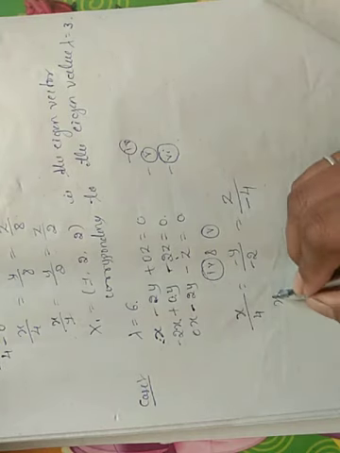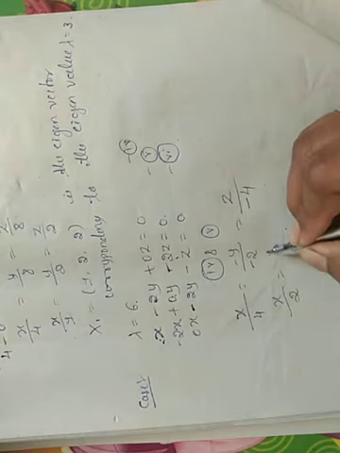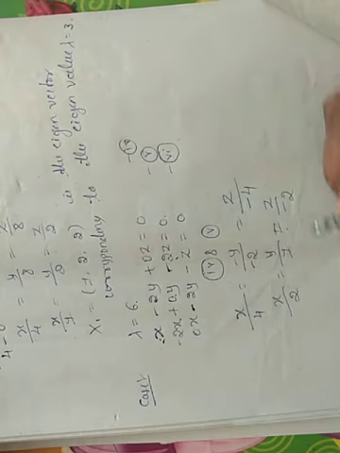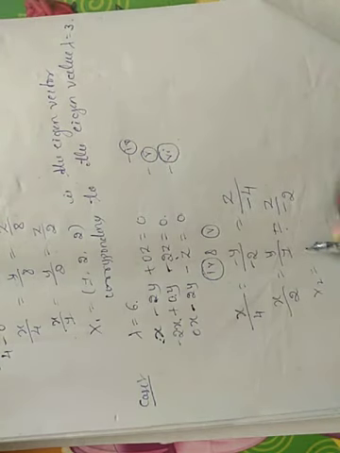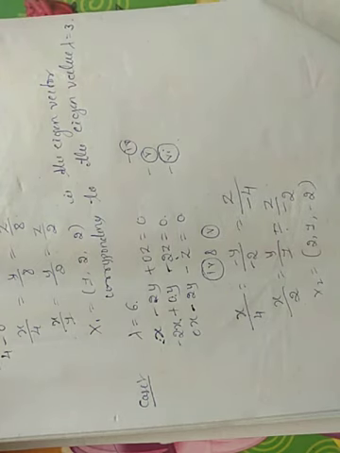Take 2 common everywhere: x by 2, minus minus cancelled, y by 1, z by minus 2. Therefore x by 2 equal to y by 1 equal to z by minus 2, so 2, 1, minus 2 is the eigenvector corresponding to lambda equal to 6.